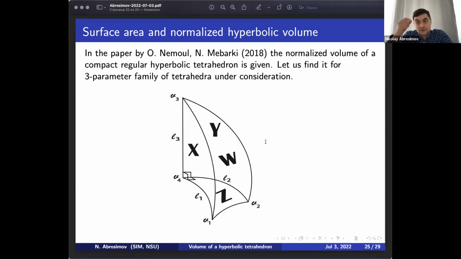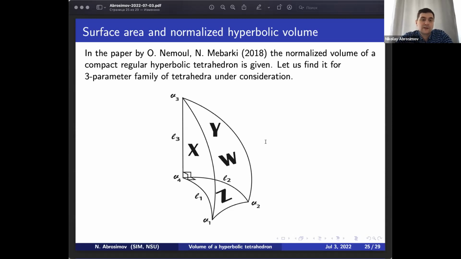And then we find the normalized volume. So we were motivated by the paper of Nimul and Membrati, 2018, where the authors find the normalized volume of a compact regular hyperbolic tetrahedron. So let us find it for the three-parameter family of tetrahedra under consideration.